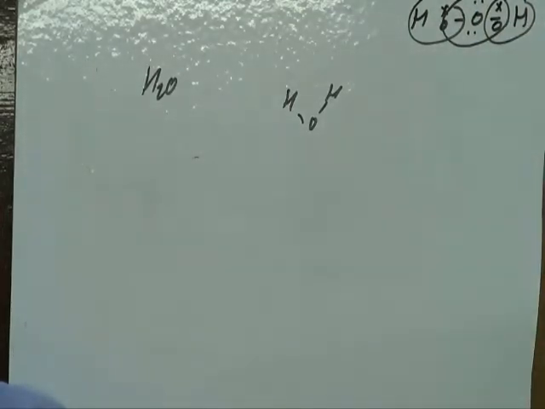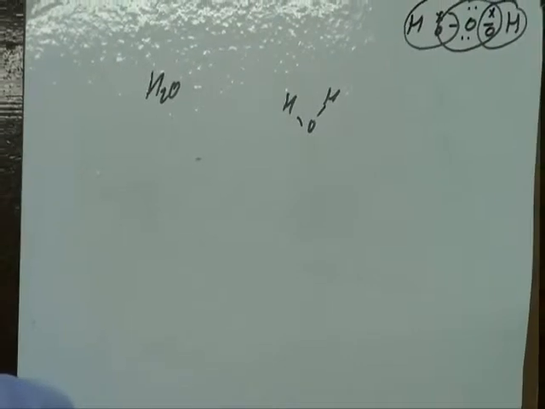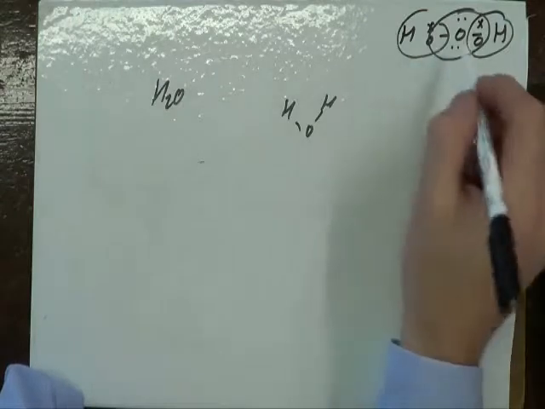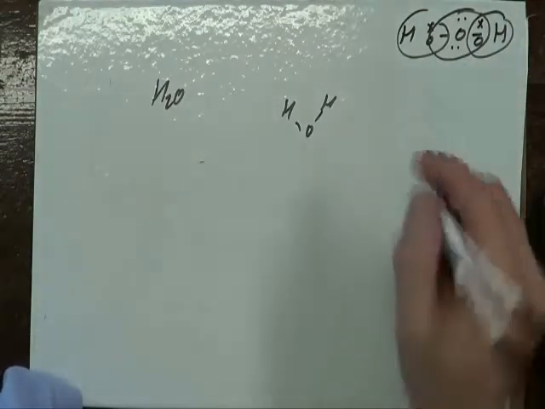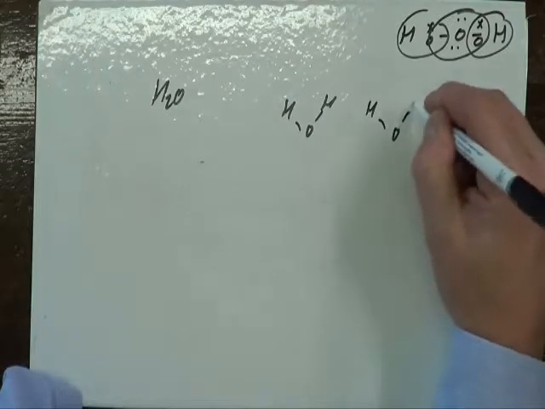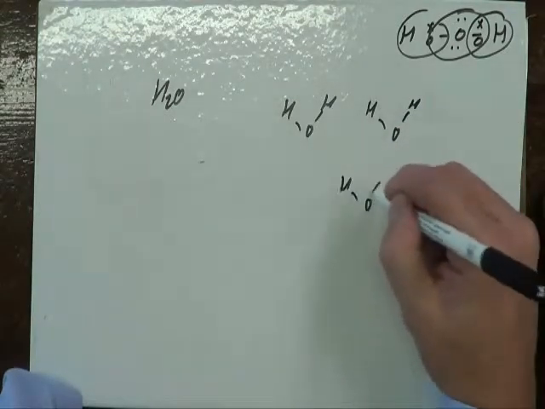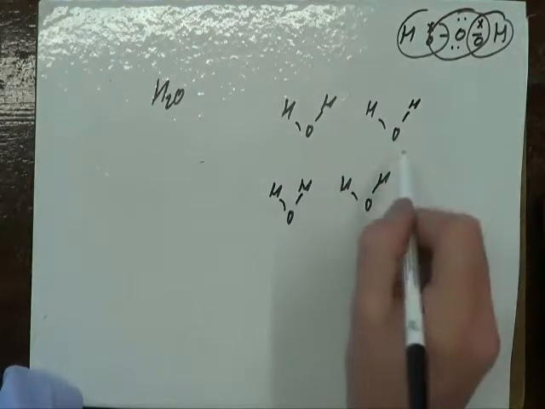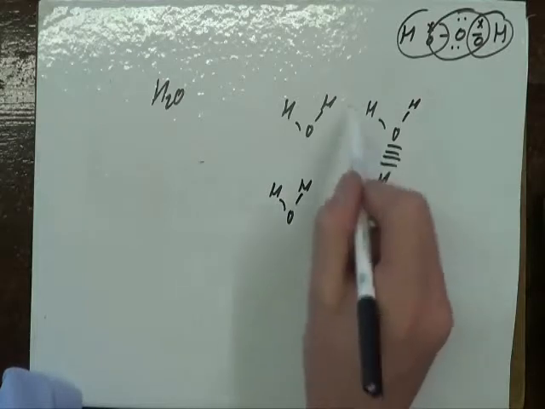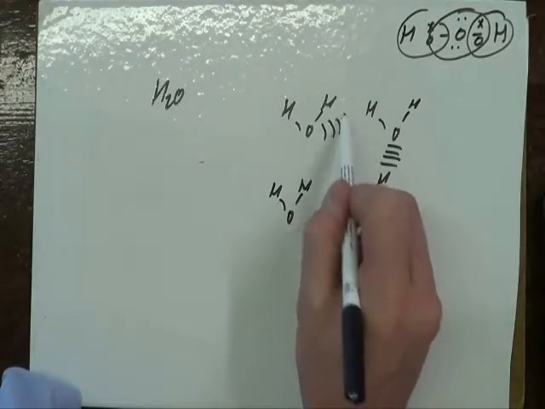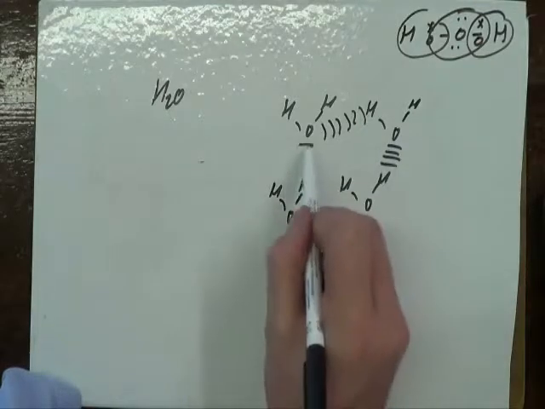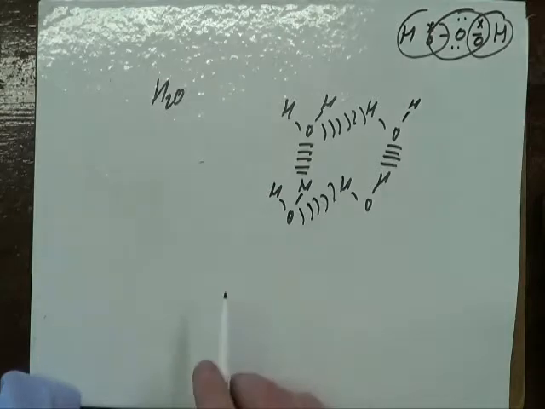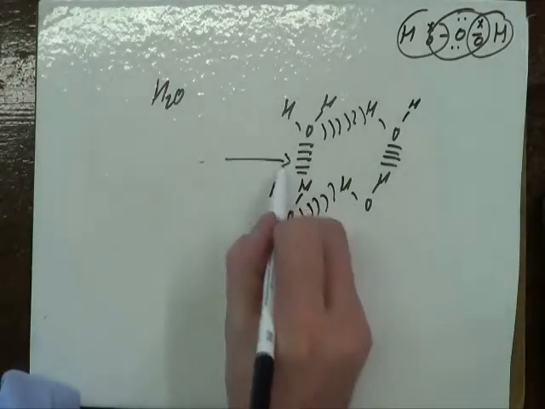Now, what is the significance of that? Very simply, we don't have this huge, big, ongoing network. We have a little water molecule here, another one over here, another one over here, etc. And they are attracted to each other. There are attractions between the molecules which hold them together. Otherwise, water would not be a liquid, nor could it be a solid. But these attractions are very weak.